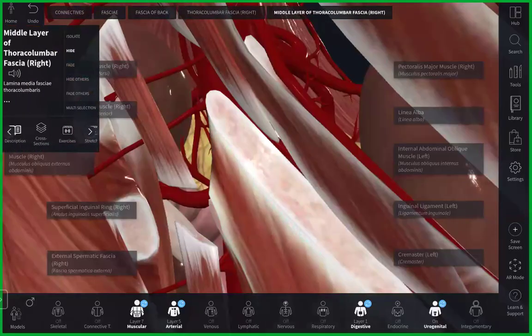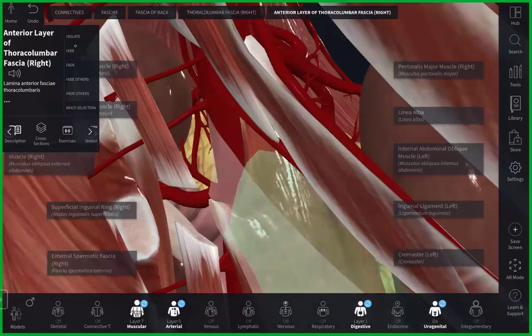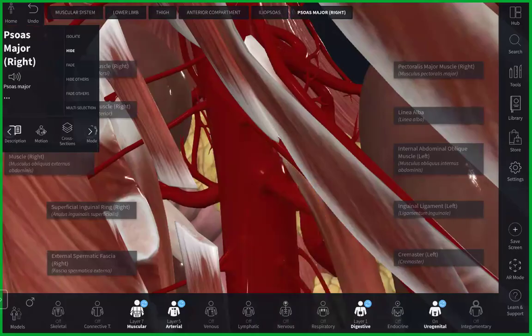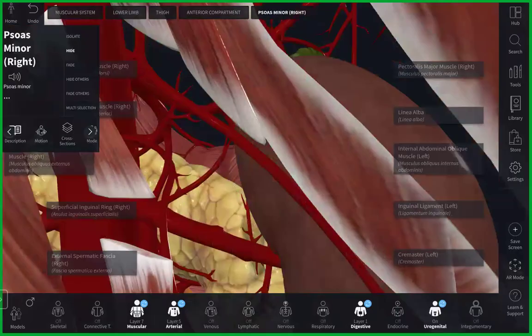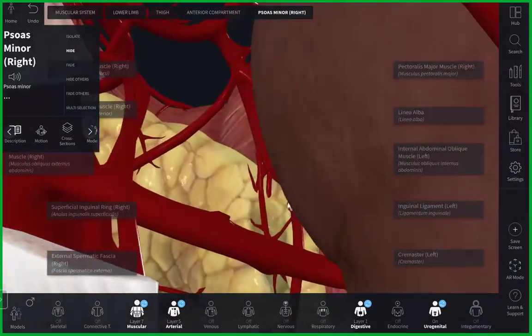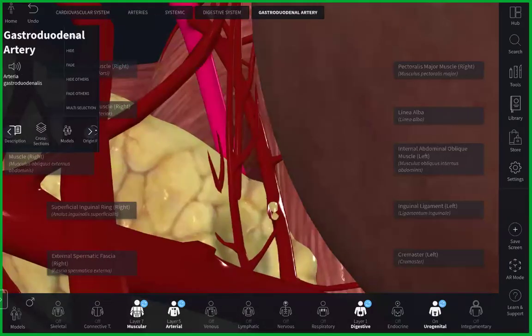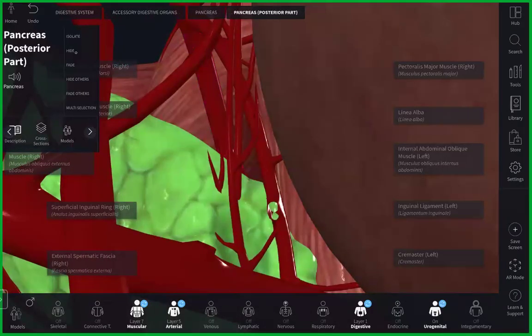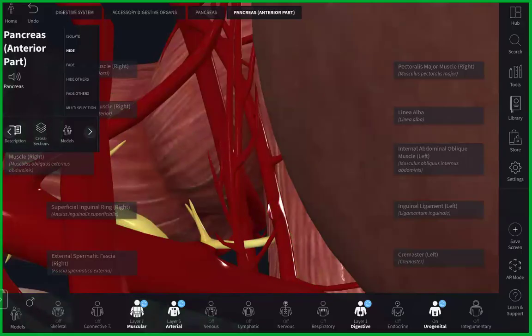Let me remove this. So here we have it. This is important, guys. This is very important because you have questions from these areas. So we can see that this is going down. That is the gastroduodenal artery. Let me just hide it for now.